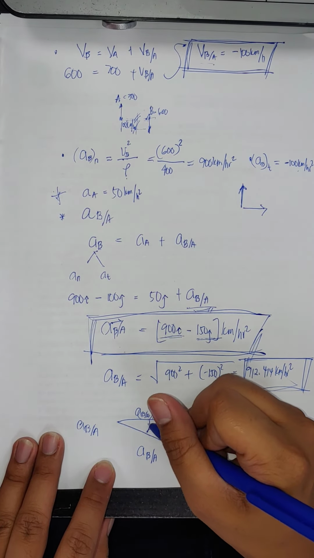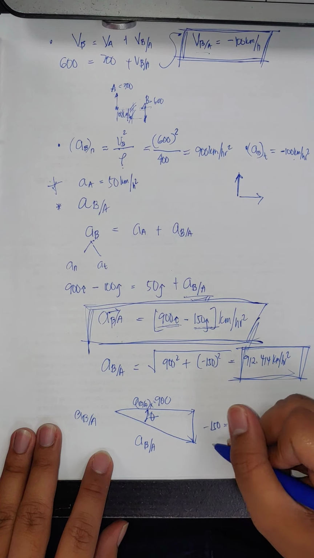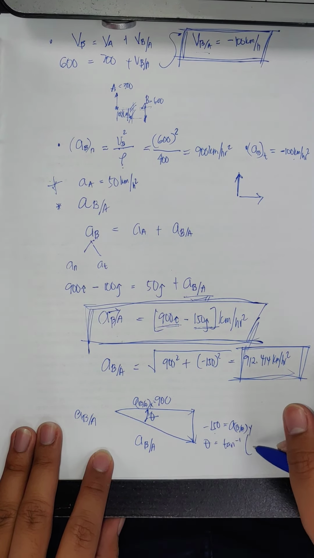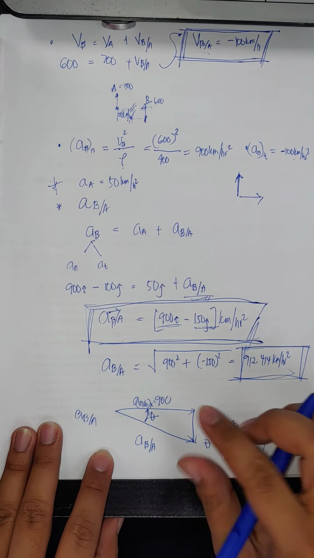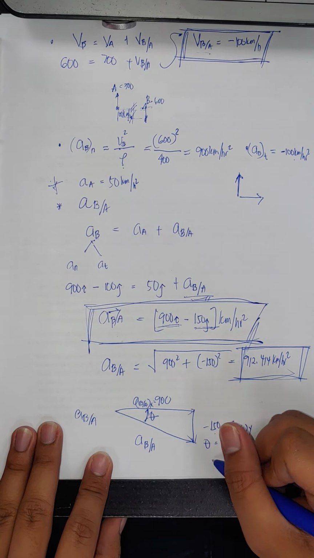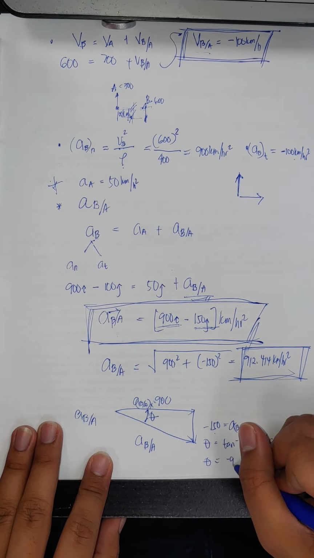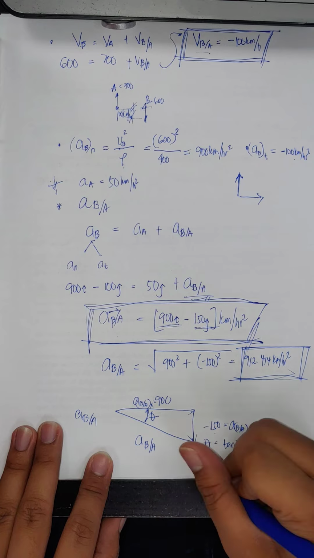So to get the magnitude, naalang tayo theta here. And then our theta is equal to tan inverse opposite. So that is negative 150 over adjacent 900. So theta na to is, we have negative 150 over 900, negative 9.462 degrees.